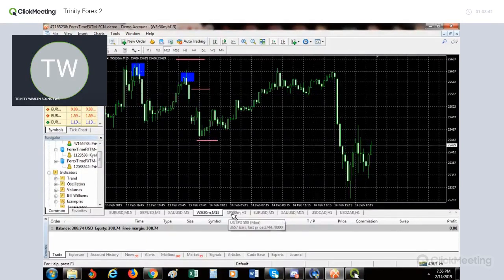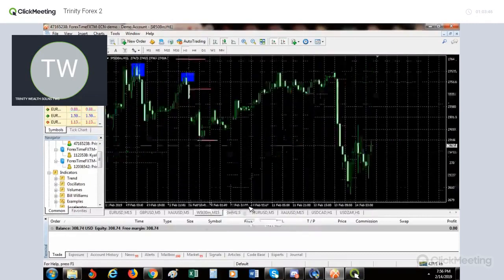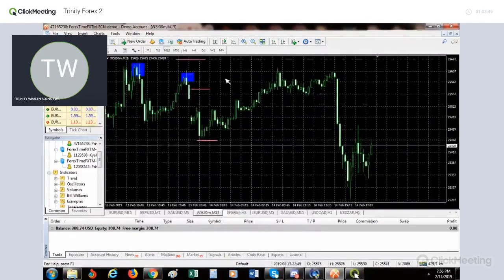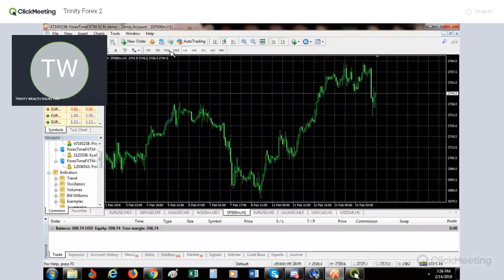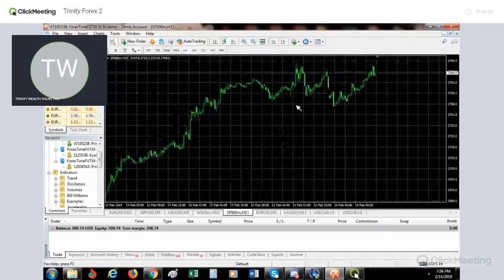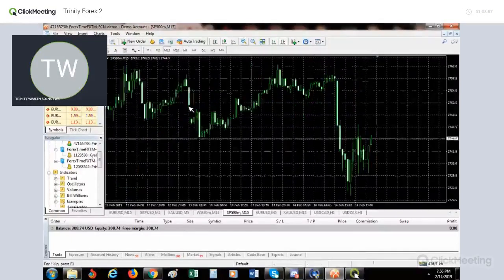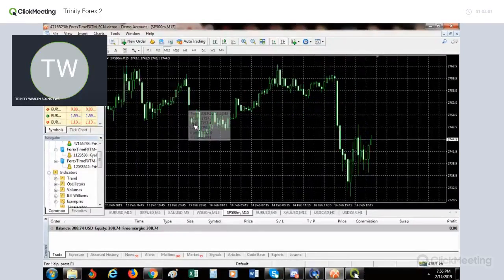But when the Wall Street 30 gives me a signal to enter, I'll come and buy or sell SP 500 based on that, because they move together. If this one gapped, chances are even SP 500 also gaps, and that's the same case. You can see it actually gapped also last night as it opened today.